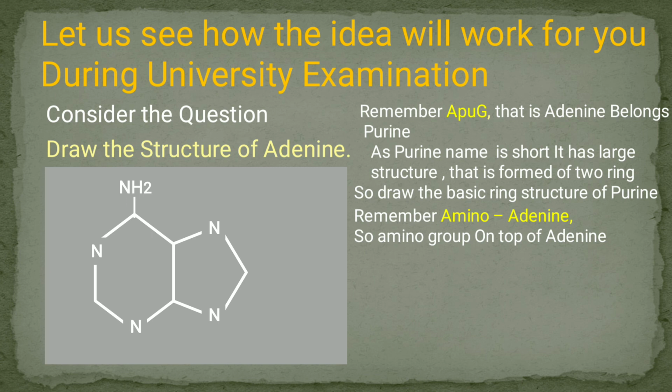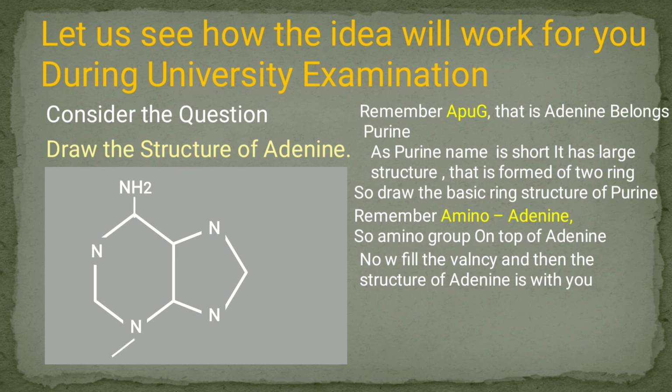First double bond, if not possible hydrogen, if then valency is remaining, add a double bond in the next position. So fill the valency and you can complete the structure of adenine. We can do double bond there and then hydrogen there, then double bond, hydrogen, again hydrogen, double bond. So that is the structure of adenine.